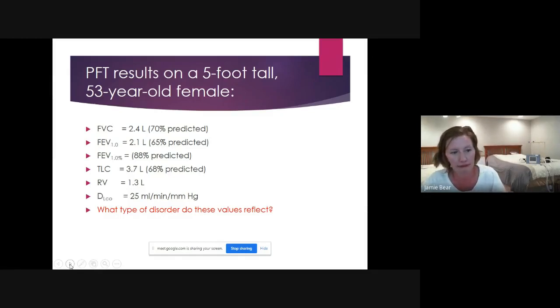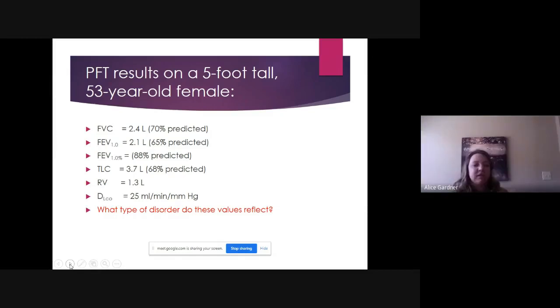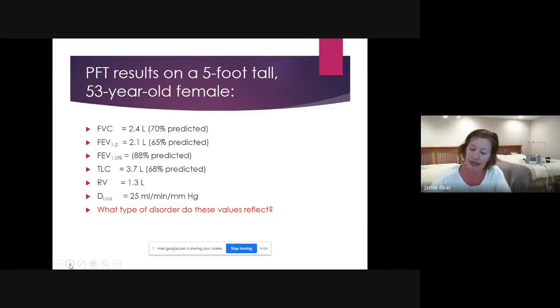Very good. Hey, Jamie. Yeah. Real quick on something like this, how would you tell if the patient has poor effort? Well, there would have to be something to tell you that. If you just had these values and this is all you got, this is perfectly showing you, because you did spirometry and the body box, so this is probably pretty accurate. Poor effort, you'd have to have something in there telling you.